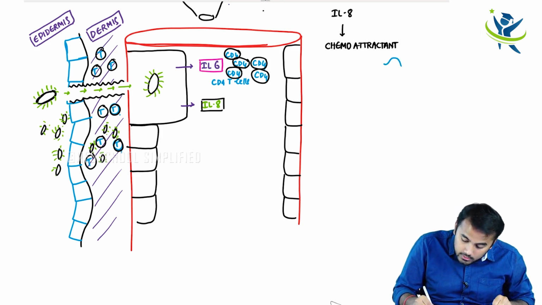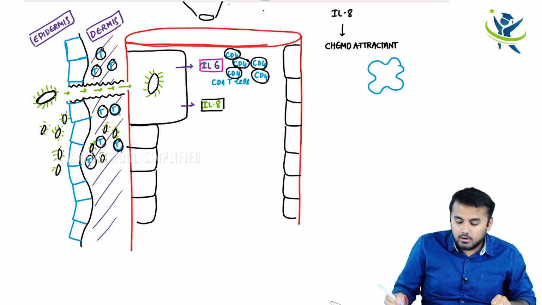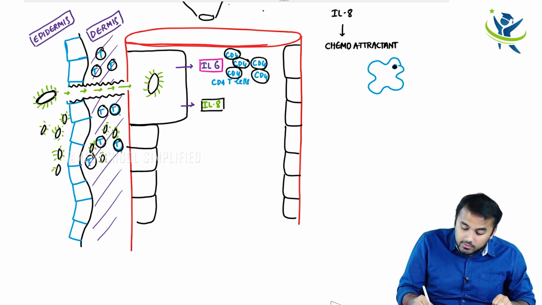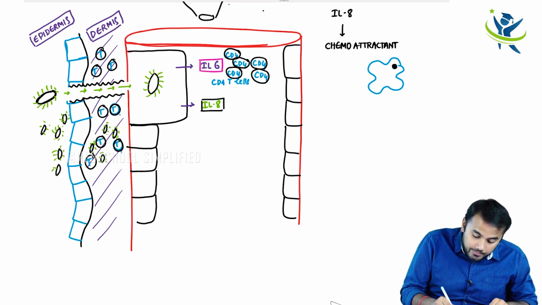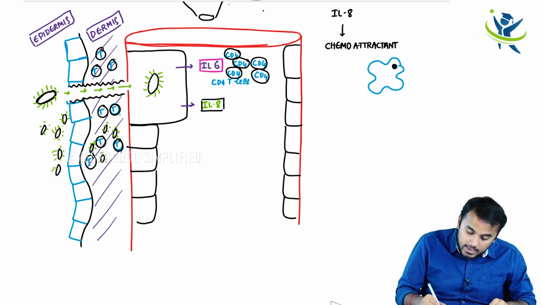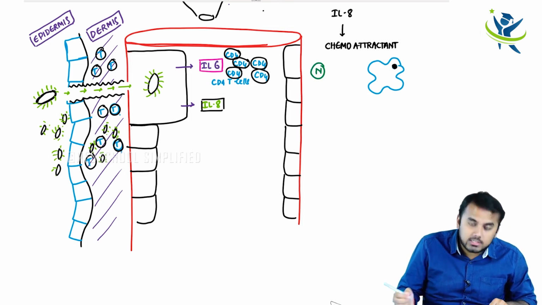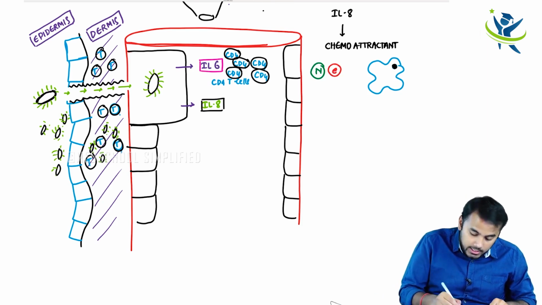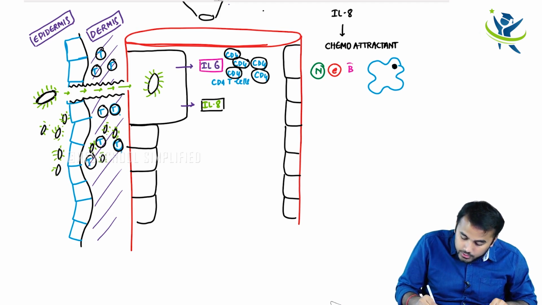It will attract your, this cell, what is this cell called as? This is called as a macrophage. Yes, it will attract your macrophage, and it will even attract your, let us say, neutrophils. It will even attract your eosinophils. It will even attract your basophils.